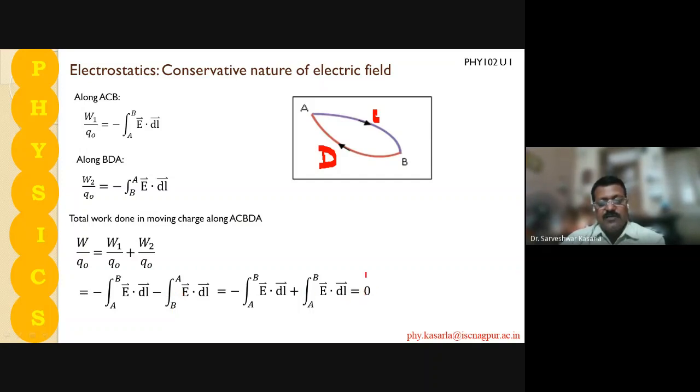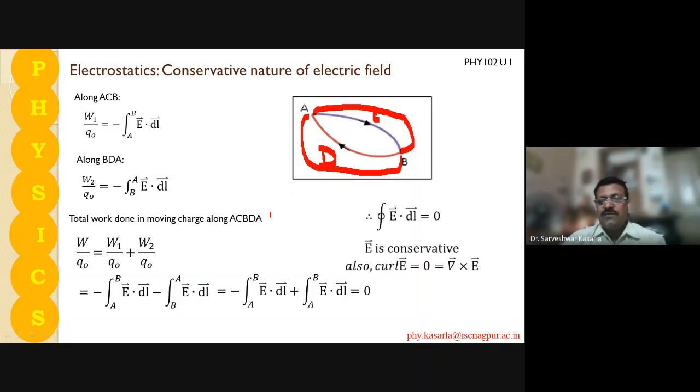So that will be equal to 0. So the total work done in bringing a unit positive charge along a closed path is always equal to 0. If you consider any path, the total work done will be 0. That is the conservative nature of the electric field.